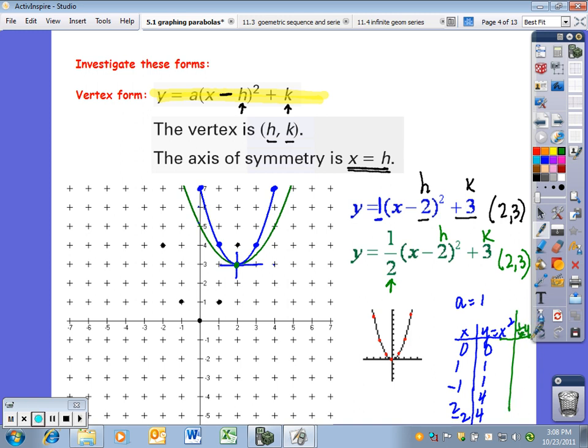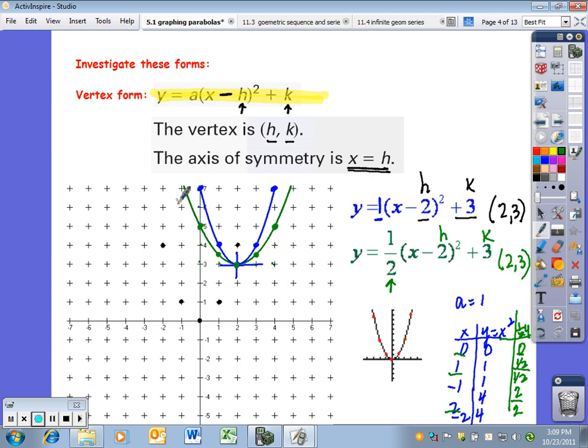Half my y's. 0, half of 1 is half, half of 1 is half, half of 4 is 2, half of 4 is 2. So (0, 0), got that plotted green. (1, 1/2), (negative 1, 1/2), (2, 2), (negative 2, 2). And I have my green parabola.